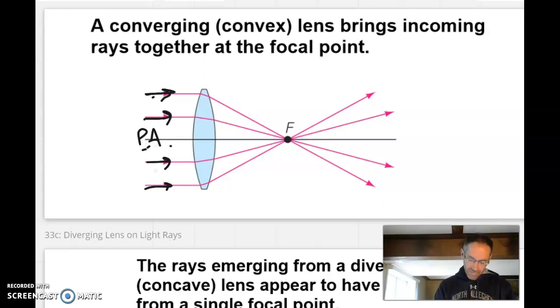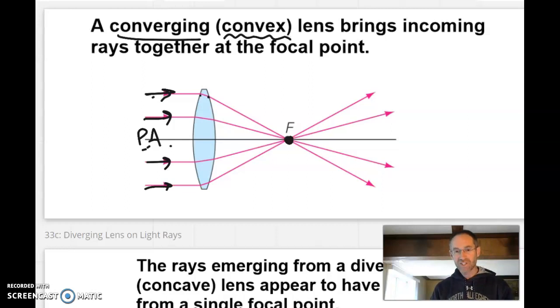They hit the lens, and they bend a little at the first surface and a little at the second surface. Look at that dispersion video, and it'll show you some of that. And it's going to focus right here at this focal point. That makes it a converging lens because it is converging the light. Some people call that a convex lens too, and that's not the wrong thing to call it.